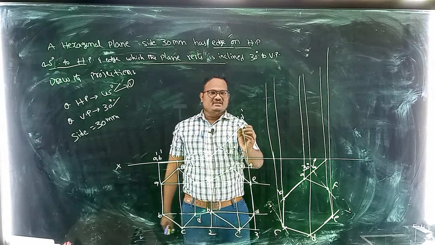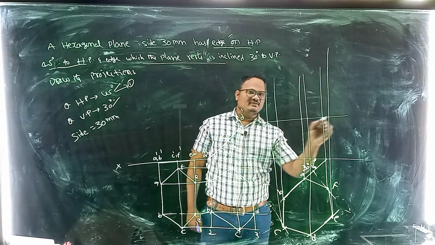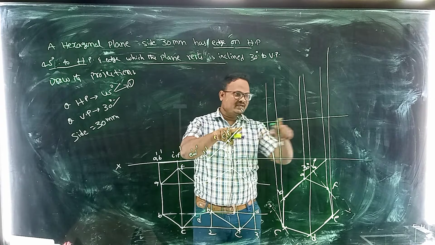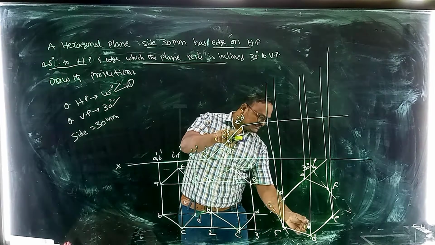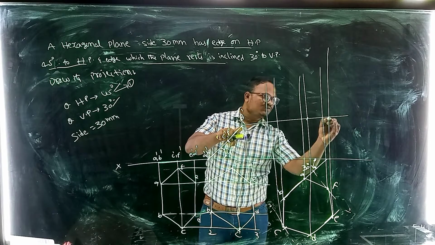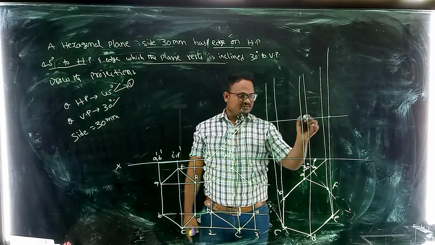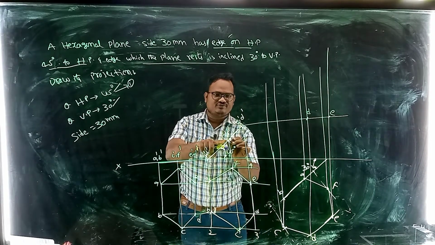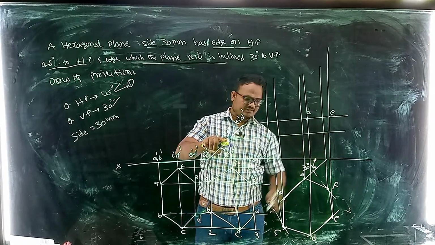So now the ED horizontal. So where is the ED horizontal? The D vertical is going to coincide here, E is going to coincide here. This is D, this is E. Next coming to the CF horizontal.